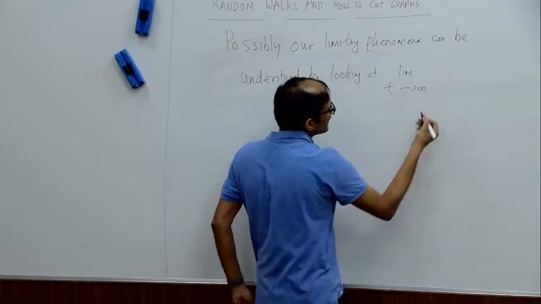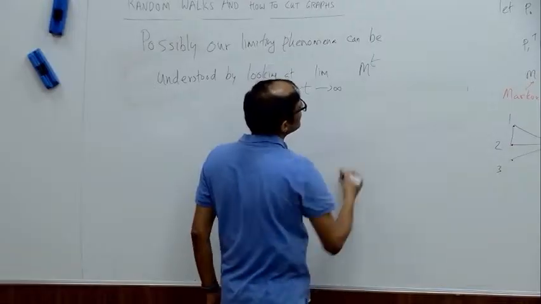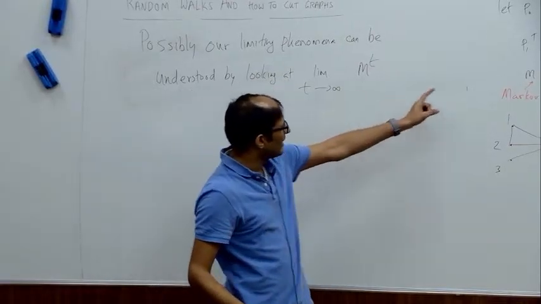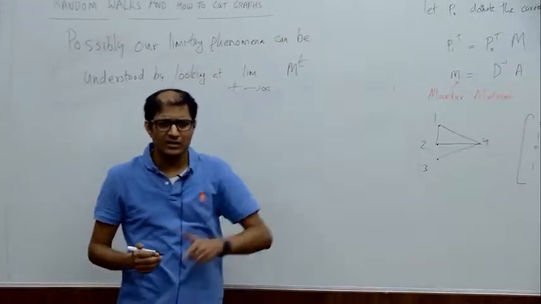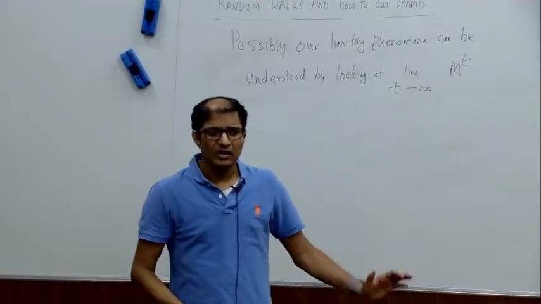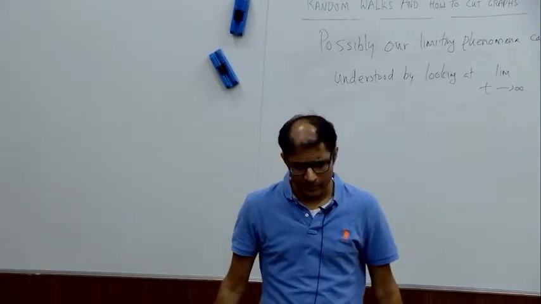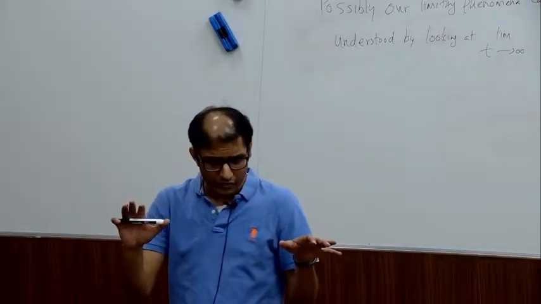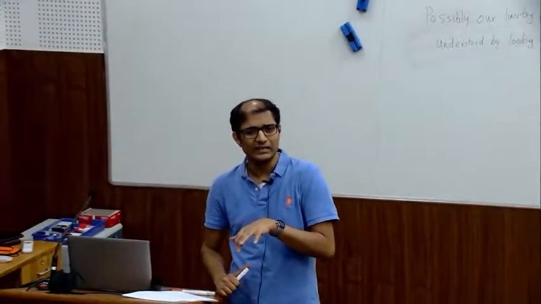As time goes on and on and on, I take my Markov matrix to some large power and I want to understand what does that limit look like. I understand there are many of you who perhaps have not seen limits of functions of matrices.